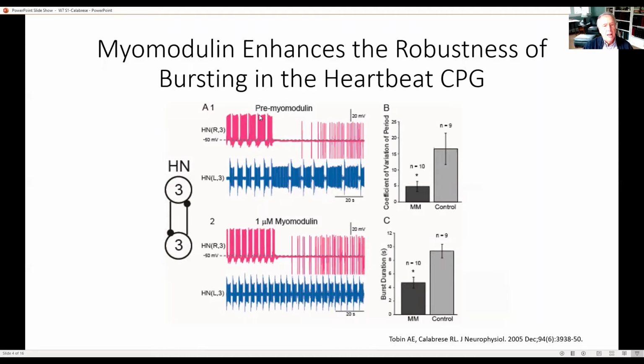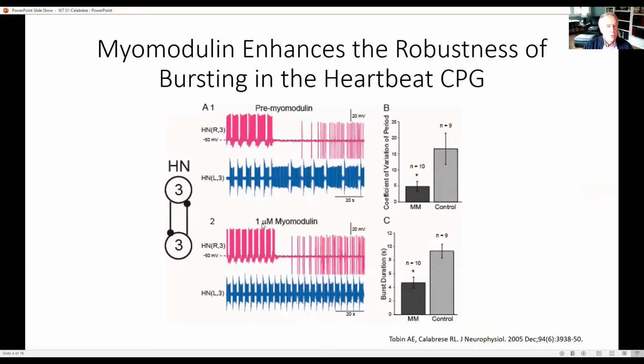At this point, she put one of the interneurons into voltage clamp at minus 50 millivolts. There's some escape spiking here. The other cell continues to burst, but its burst rhythm is disrupted somewhat. It's more irregular, it's prolonged, and it looks a little weaker.